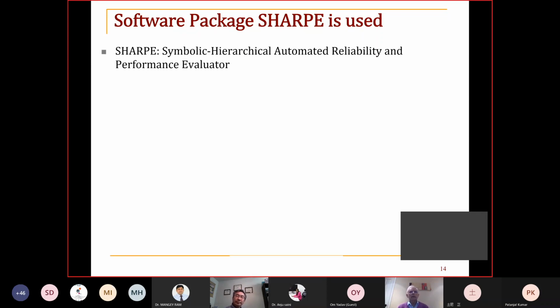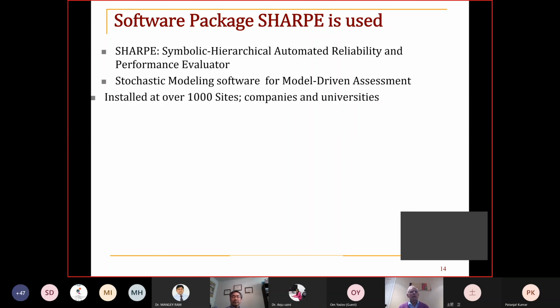SHARPE stands for Symbolic Hierarchical Automated Reliability and Performance Evaluator. The first version was released in 1986, and of course, it has been continually improved and developed further. It's a stochastic modeling software package for model-driven assessment of reliability, availability, performance, performability, and so on.